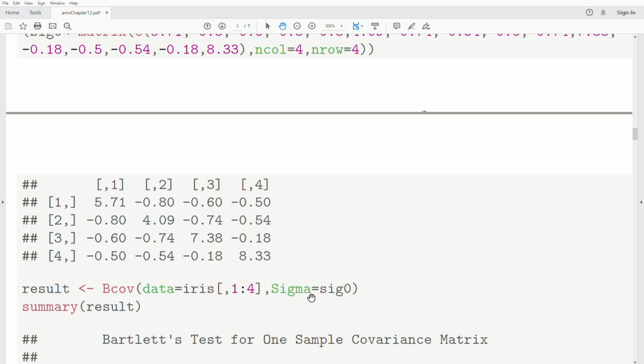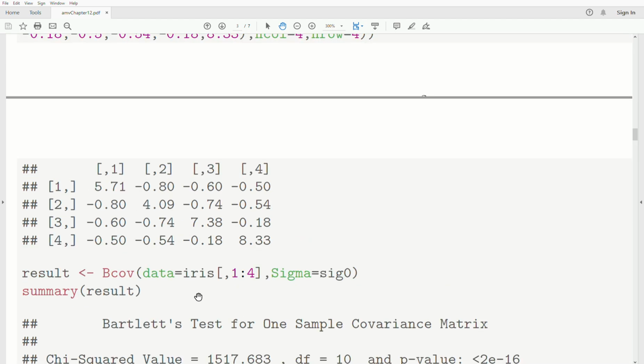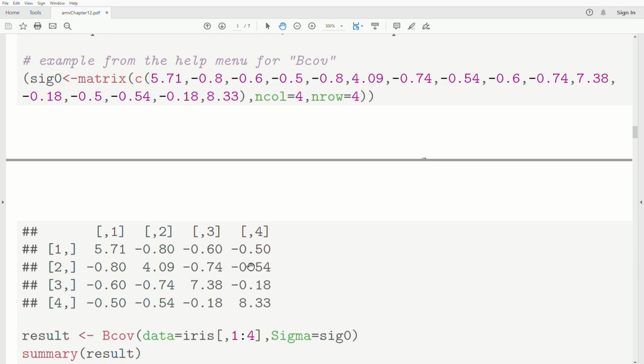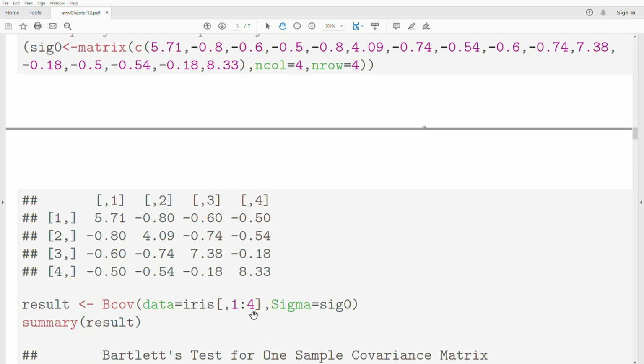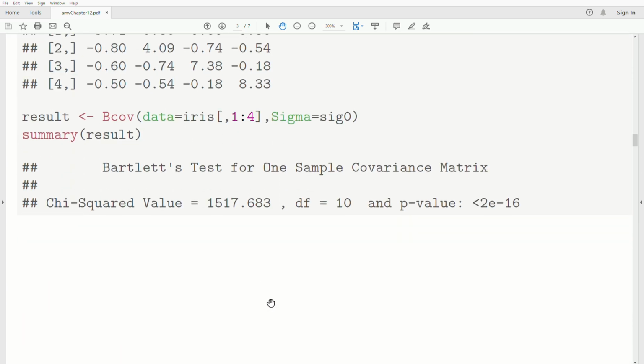So that's the data. We hypothesize that it's this covariance matrix, and we look at the results. The p-value is really small, so there's evidence that this is not the population covariance matrix for the 4 variables in iris.